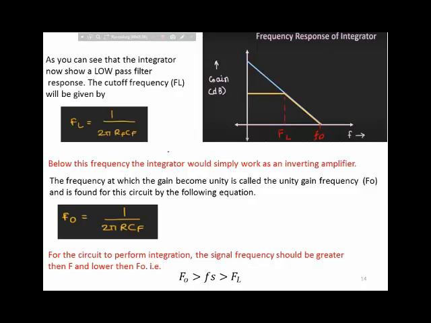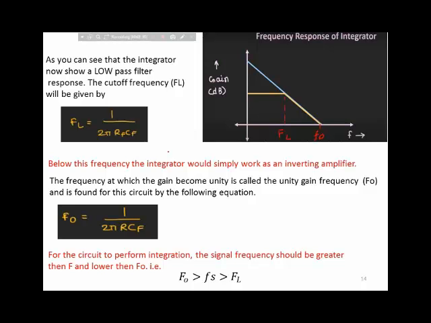So for the circuit to perform integration, this is FL, and this is F0. So this is the region between which this circuit can perform integration.